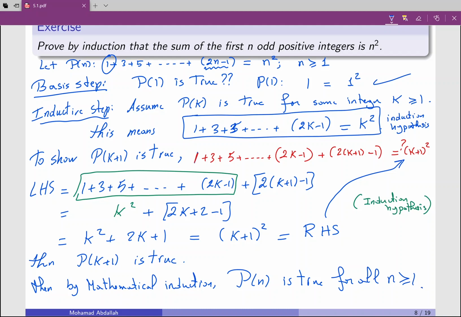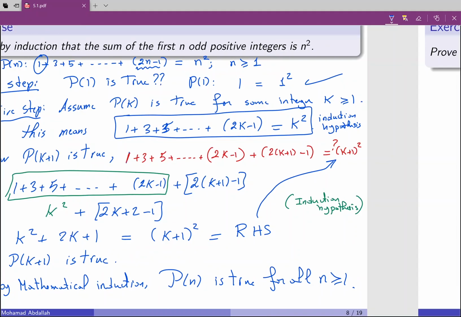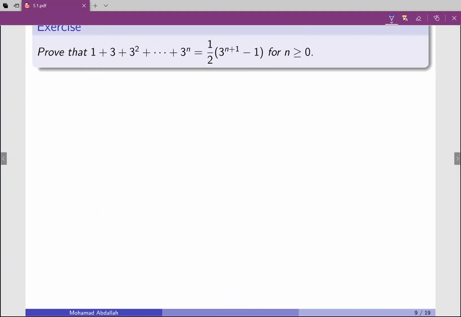So this is how you show, and this is how you write nicely, a proof by mathematical induction. This is an exercise. You should be able to try it. Try to do it. It's not too hard.